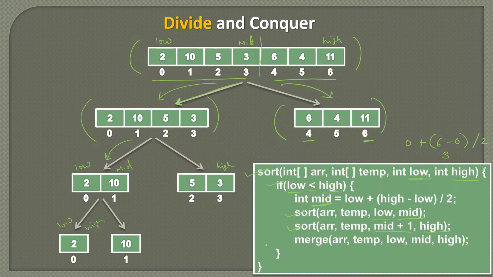We simply return from this, and once we return from this, it goes here, then this sort is called like this. Similarly, this condition helps us come back. After these two steps end, we actually merge the two sorted arrays.